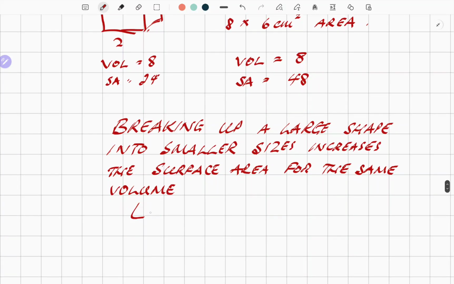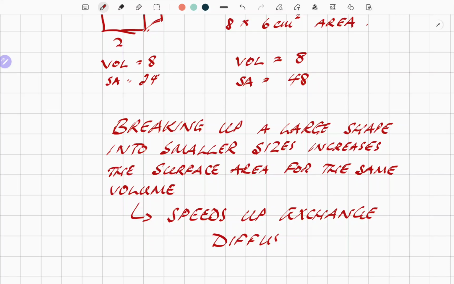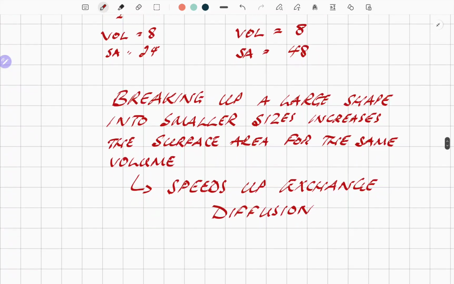And that, therefore, speeds up exchange. Call that diffusion if you like, heat transfer, etc. Does that answer your question? Anything else you'd like me to explain on this?